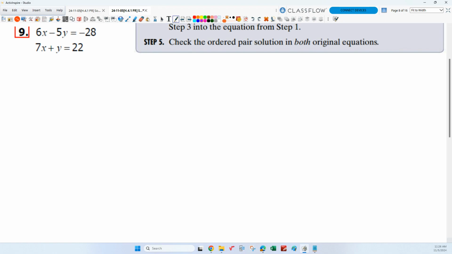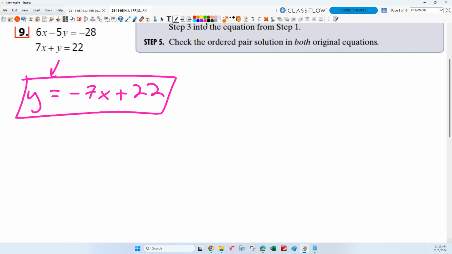But in this case, we do, right? So that bottom equation, if I isolate that y, what do I get? -7x plus 22. So we put a box around it, and we substitute into the top equation. Okay, so if I substitute into the top equation, what's that going to give me?